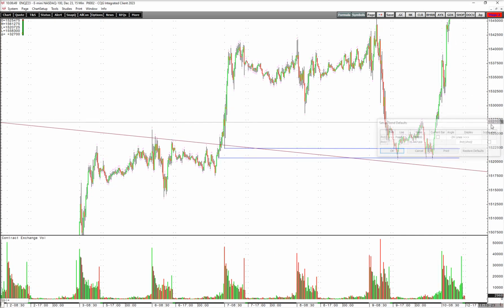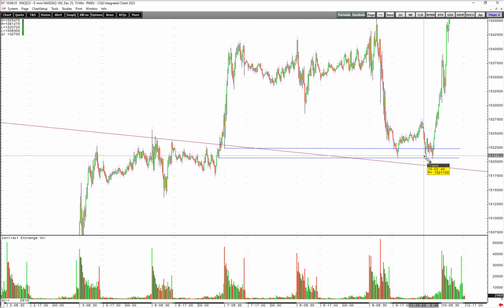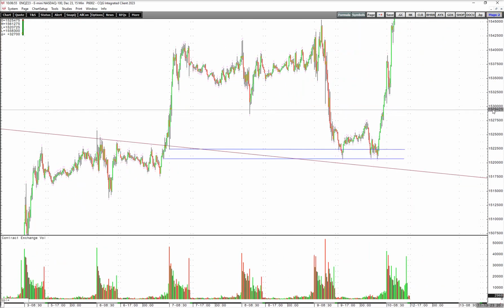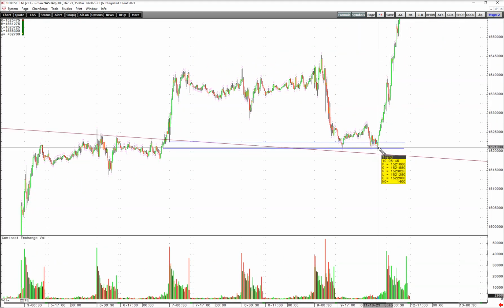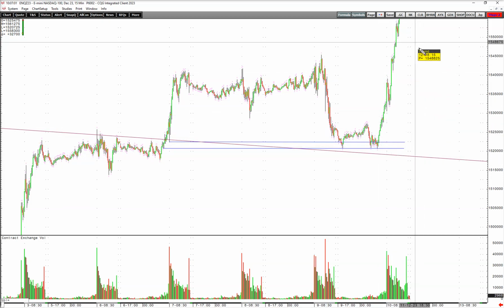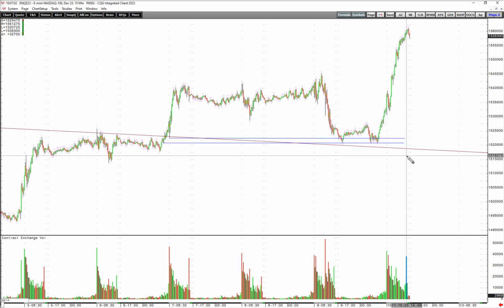Especially since these other rejections happened in the overnight session, they're not as strong, but when it got tested down in the early morning session, that really got the rally going.